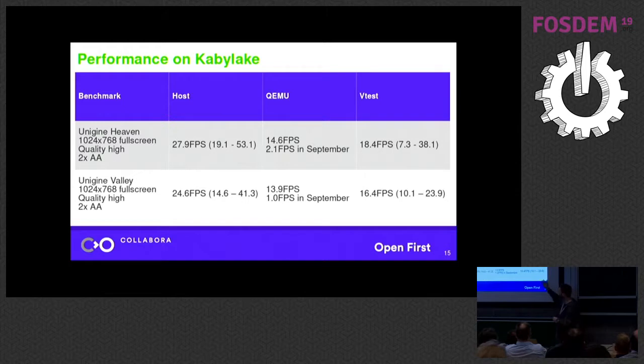For example, we had 2 FPS in September, but now we are at almost 15 FPS, and it's thanks to Eric from Collabora and Gurchetan from Google, who work currently on improving the performance, and we are almost at half the performance of the host. We want to be as close as possible to the host, but it's correct now. We can use our VM and it's very smooth.